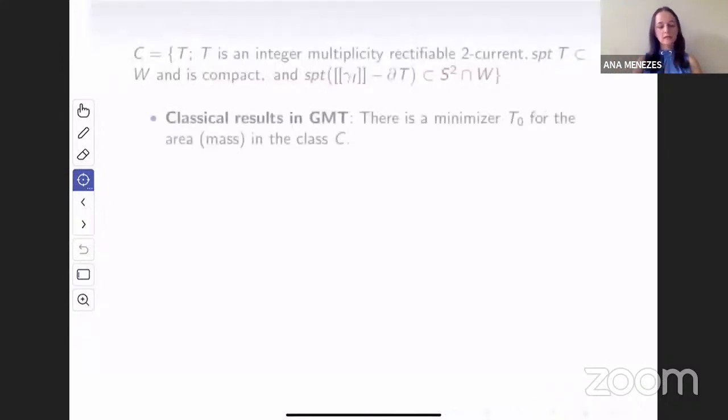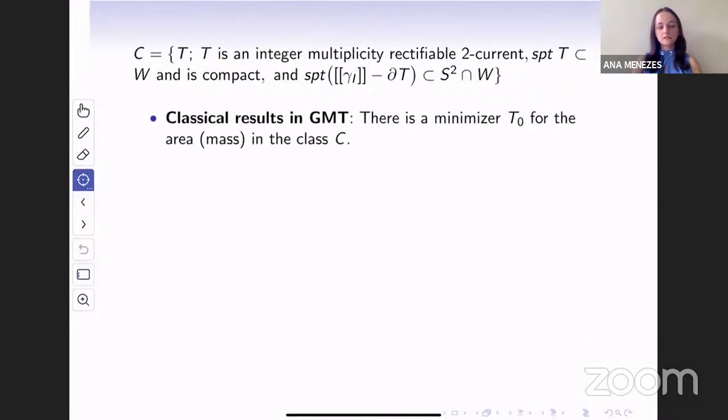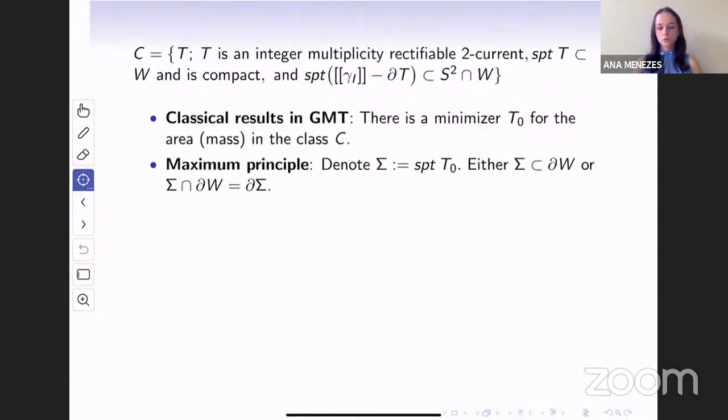Then we can use classical results from GMT to guarantee the existence of a minimizer for the area. Let's call sigma the support of this minimizing current. Here we prove a kind of maximum principle that is inspired by a work of Brian White, using the notion of varifolds. We prove that either sigma is entirely contained in the boundary of the region W, or their intersection is just the boundary of sigma.